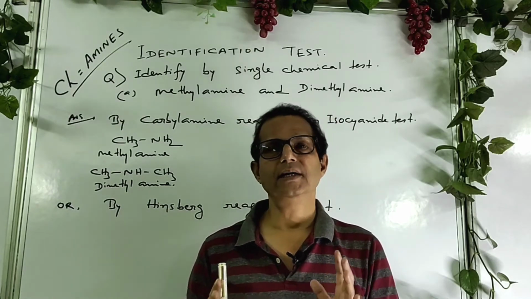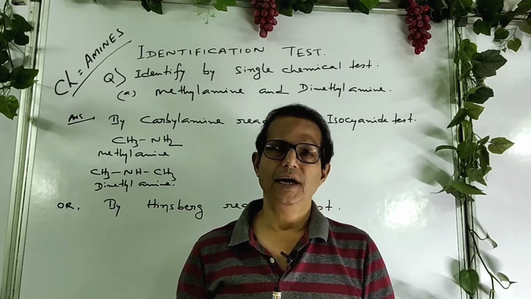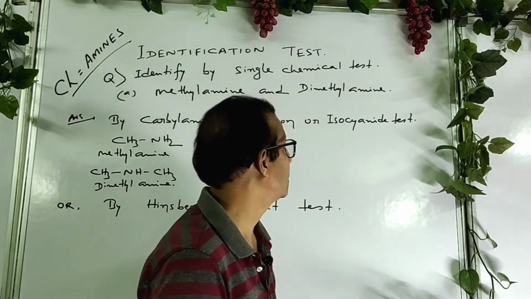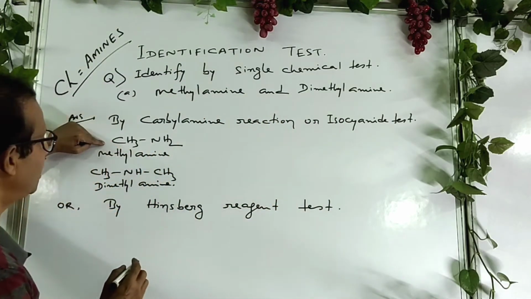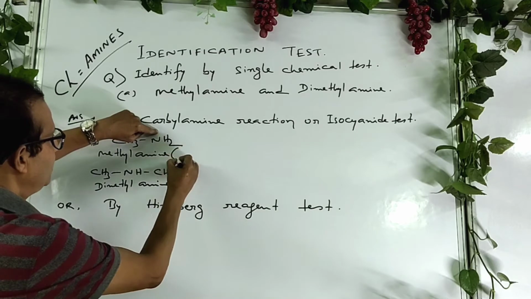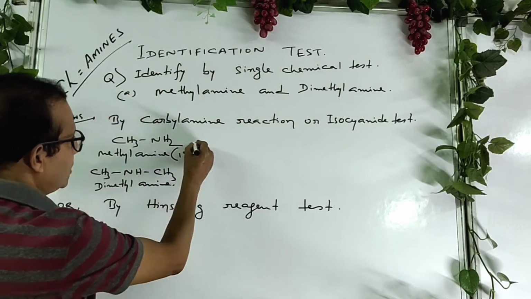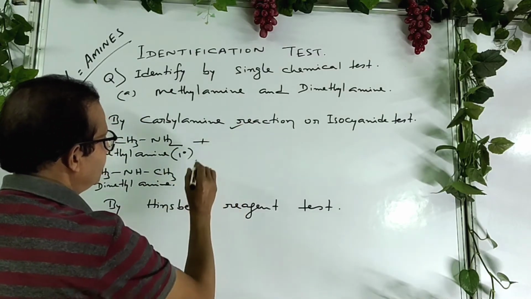So whenever you write the answer, write the reactions also. So methylamine being primary amine easily gives carbylamine reaction.